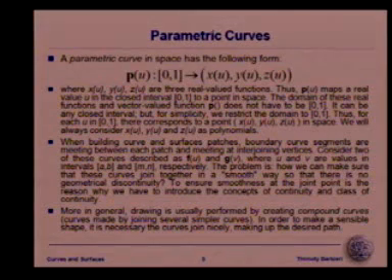Using this tool, I could already start thinking, okay, I can make complex curves by using simple parametric curves and joining them together.